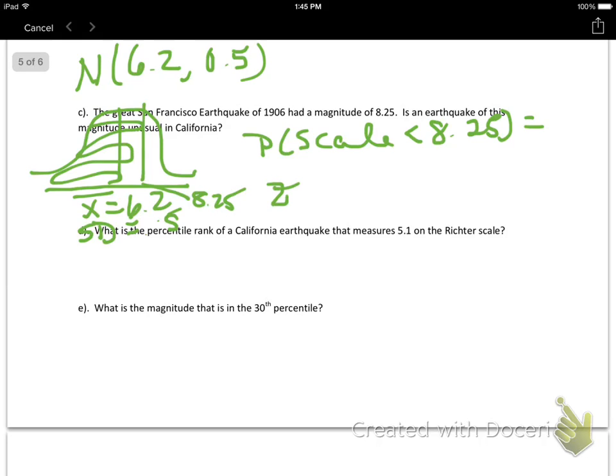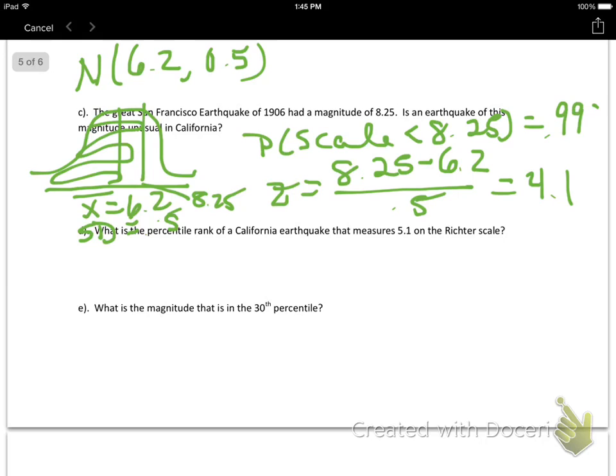Let me do my z-score. So it's 8.25 minus 6.2 divided by 0.5. Okay, now I'm going to go do my math. Okay, do you see how I got 4.1, and the highest thing they have on there is 3.49, and that is .9998, so that's going to be my answer, .9998.